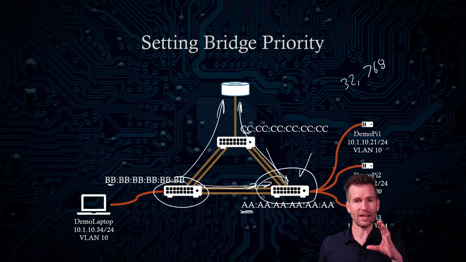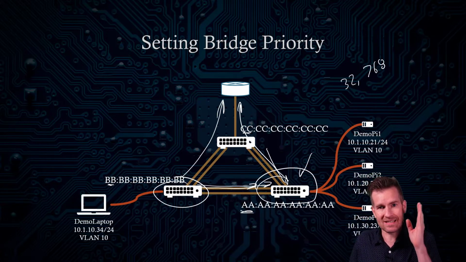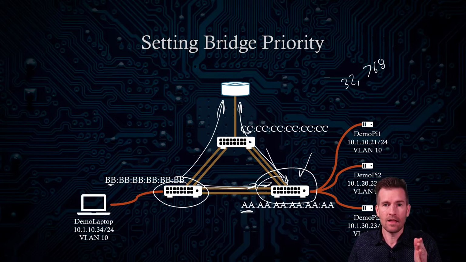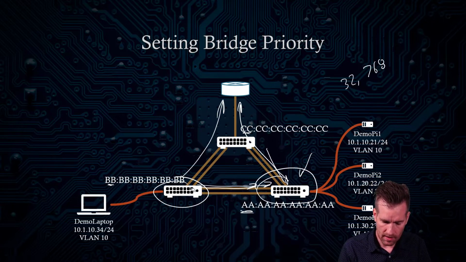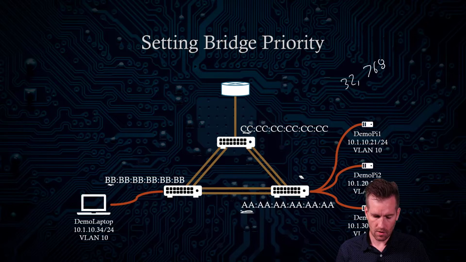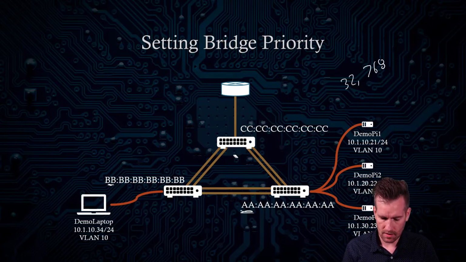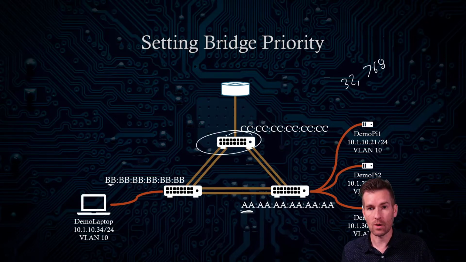So what we want to do in this case is set a priority that will force one of these switches to become the primary root bridge. In this case, we want the root bridge to be this one right here, so we would go onto that switch and set a priority.